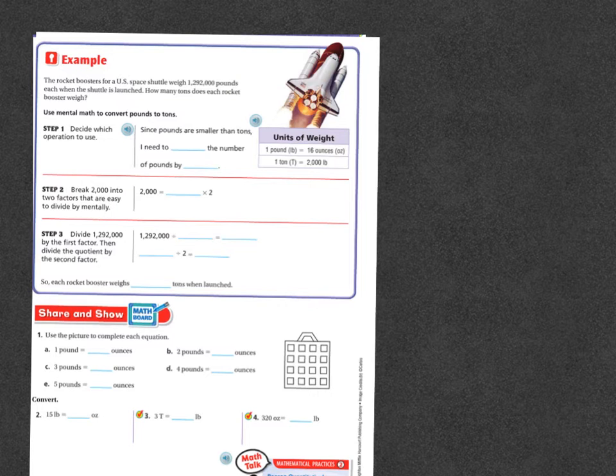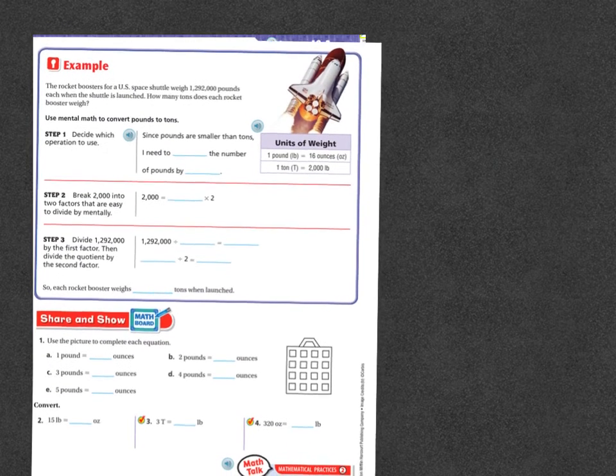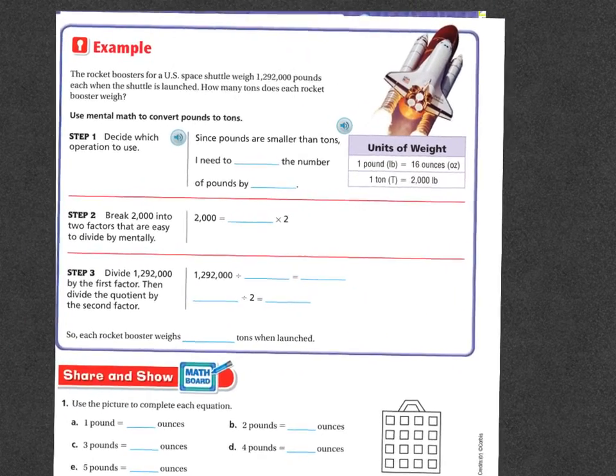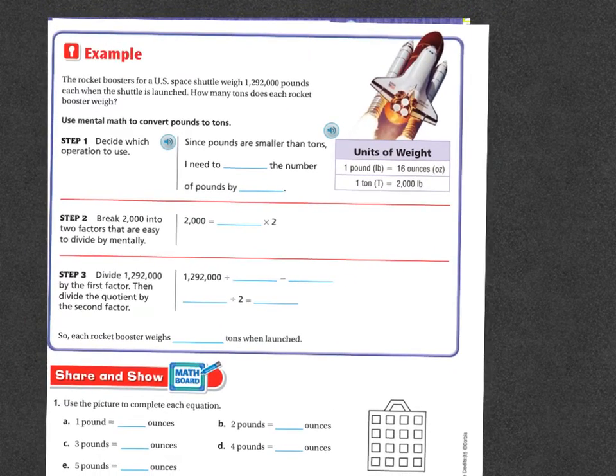We've been doing this for the past week or so. Guys, we're going to need to divide. Yeah, we're going to need to divide. Divide the number of pounds by 2,000.